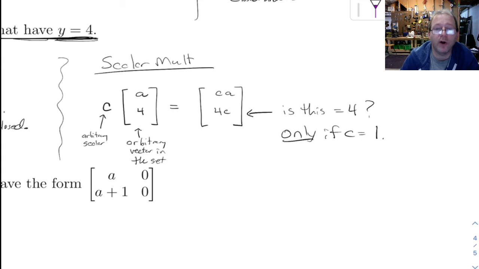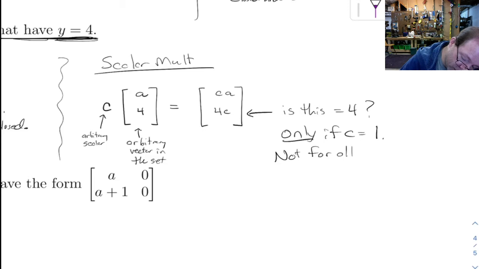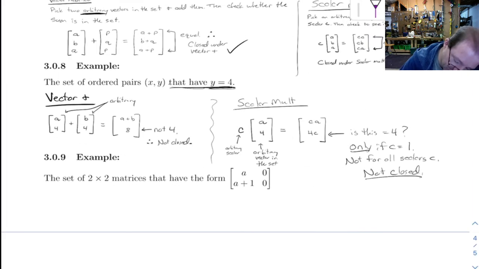So it doesn't work for all scalars C. So it's not closed under scalar multiplication. And either one of those alone is enough to tell us that this is not a vector space.